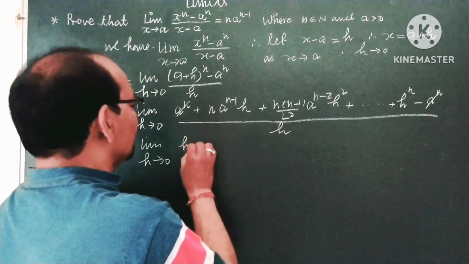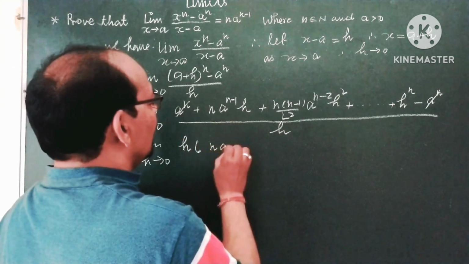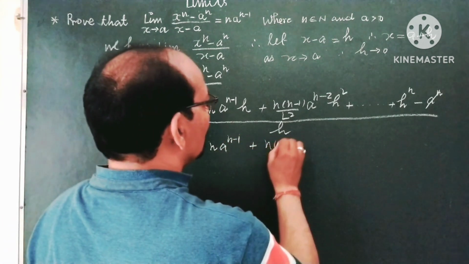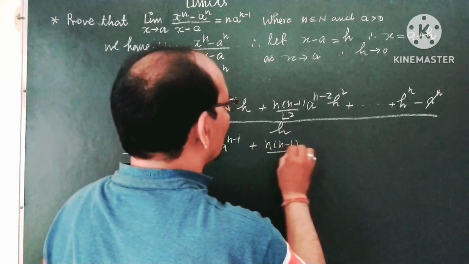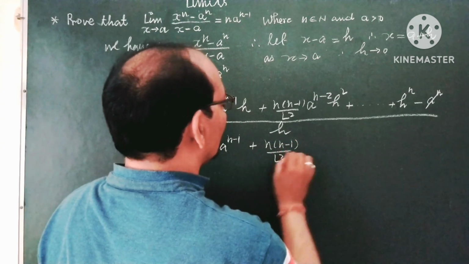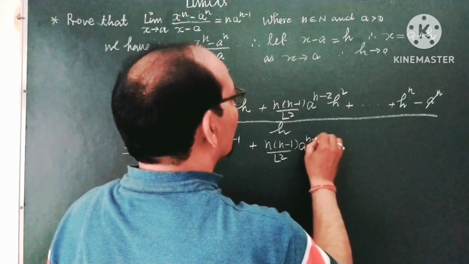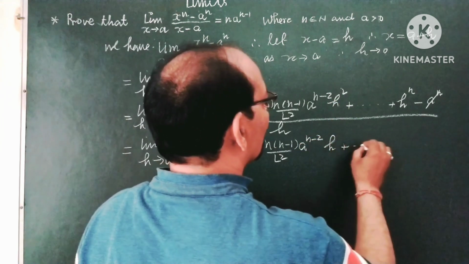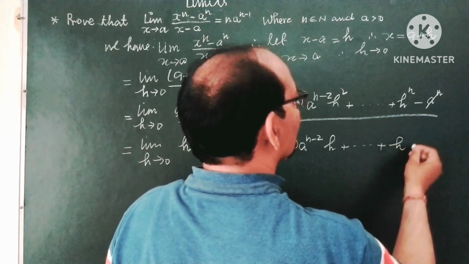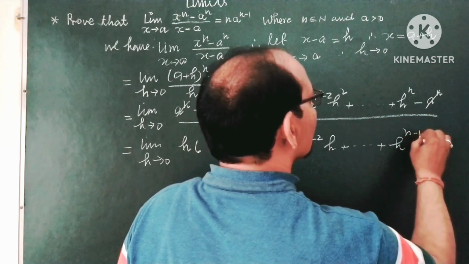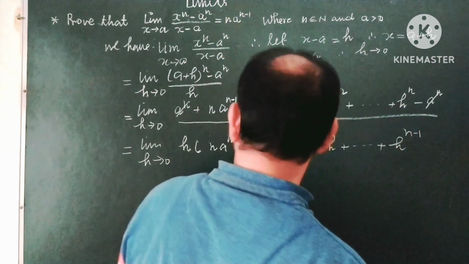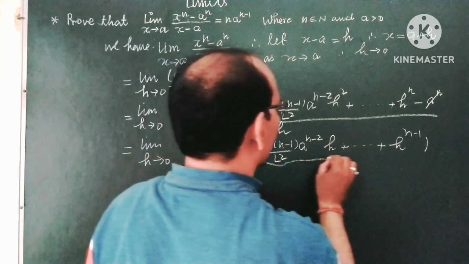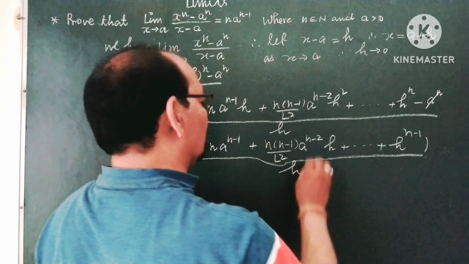Therefore, it will be h times n a raised to n minus 1 plus n into n minus 1 upon factorial 2 a raised to n minus 2 h, plus and so on, up to h raised to n minus 1, upon h.